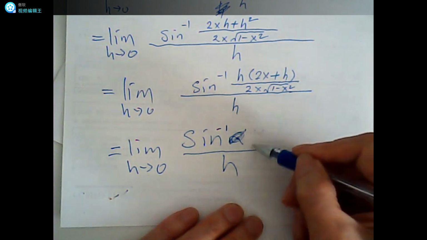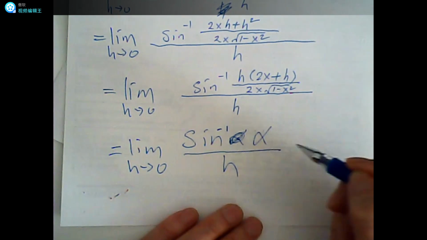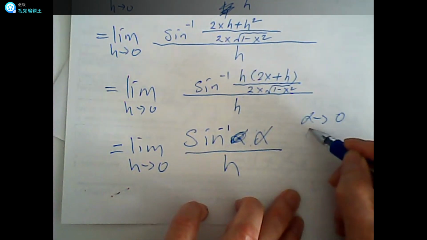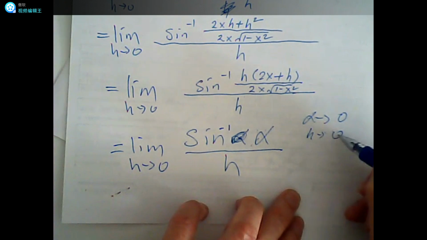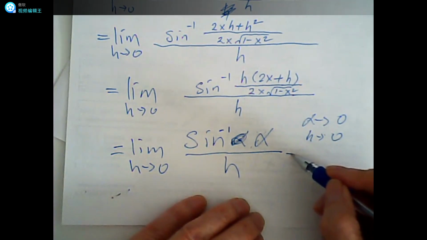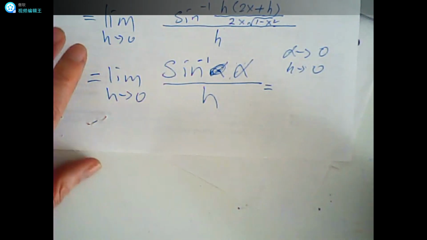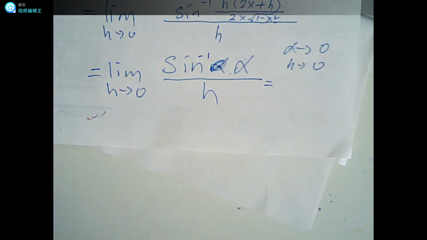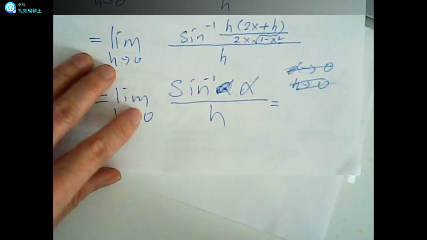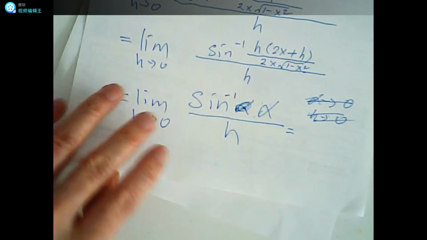Let me say this is alpha, right? This alpha goes to 0, and h goes to 0 too. That means, now, I have to explain something here.